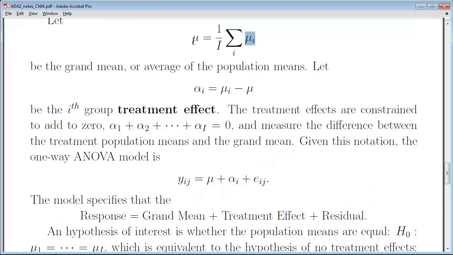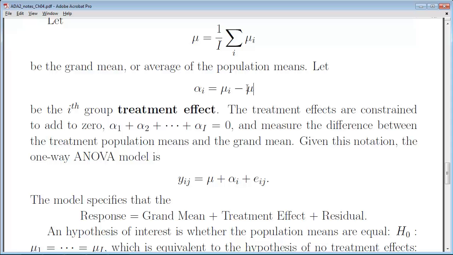So that is the grand mean mu. Then you can think of alpha i, which is called the treatment effect, as being the effect, or the difference, of each group from the grand mean.